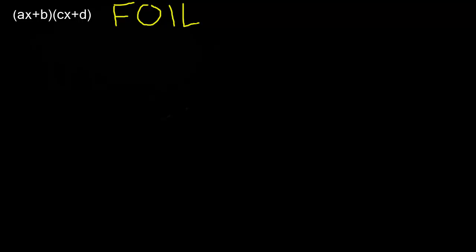So we're going to do FOIL. What that means is, it's an acronym. It stands for front, 2 terms right here. Hopefully you know how to multiply ax and cx to get acx squared. And then multiply the outer terms, ax and d, get adx.